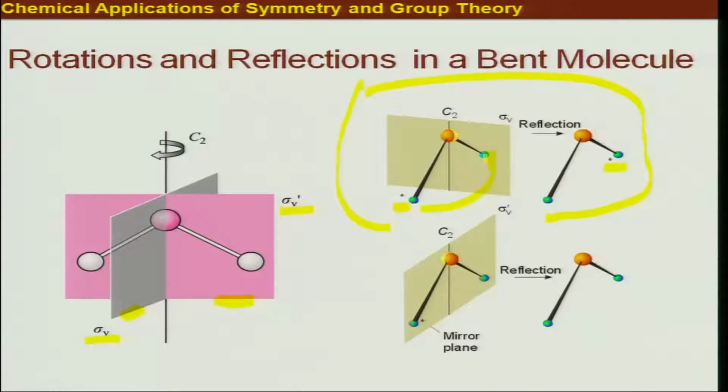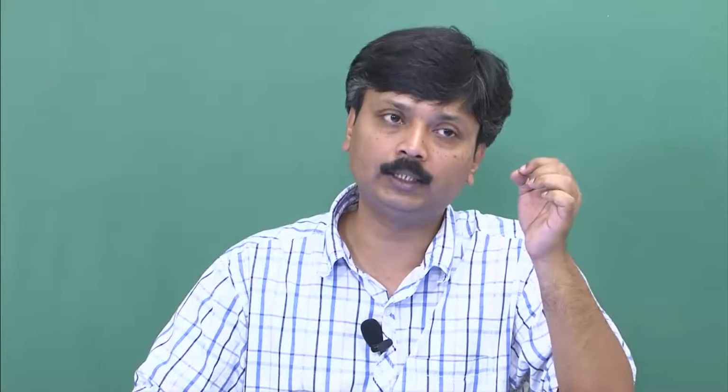Now if you have a sigma v acting there, which essentially cuts this HOH angle into halves, then this star will now be reflected here. Here for some reason the star is not being shown, so the star will be somewhere here. So now you can see that this sigma v and C2 produce the same result. That's a pretty amazing thing, and in many cases you will see that some symmetry operations will produce the same structure after operating them on the molecule.